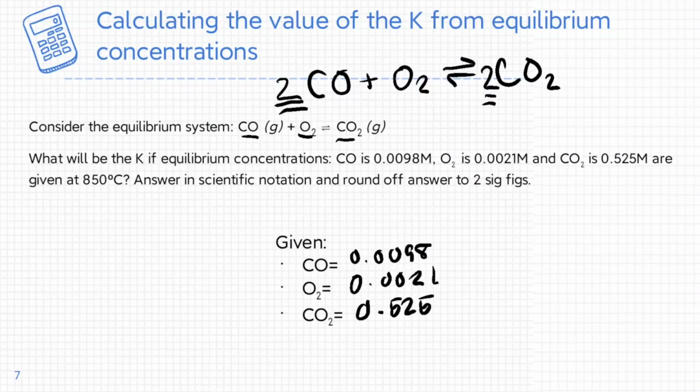Is it balanced? Oxygen is 1, 2, 3, 4, and 1, 2, 3, 4. And carbon is 1, 2 and 1, 2. So, we already have a balanced equation. Now, the next step is to write the K.